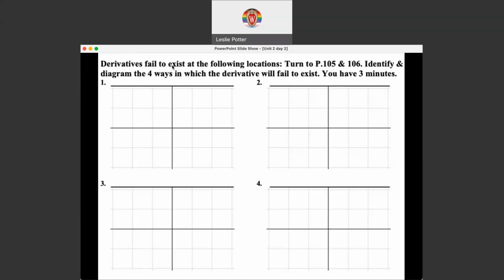I call these problem spots. We can't take the derivative at these locations. Turn to pages 105 and 106 in your book. Identify and diagram the 4 ways in which the derivative fails to exist. That's why I have 4 things here: 4 problem spots. Okay, pause the video. You've got 3 minutes.